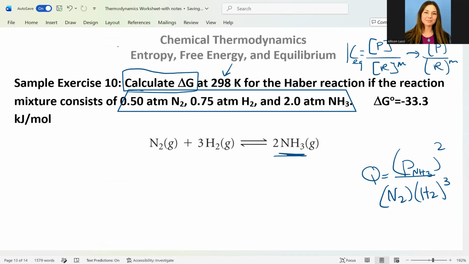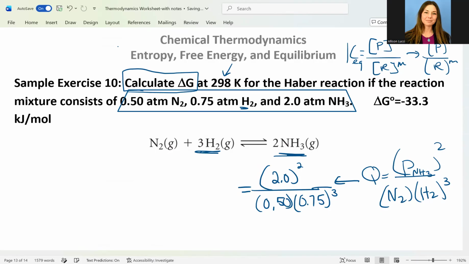So let's plug in some of these values to solve for our Q. We'll have on top 2.0 squared, and on the bottom 0.5 for my nitrogen, which isn't raised to any power besides 1, and then 0.75 cubed for my H2 because there's a 3 coefficient. We plug all this in and solve, and we should get 18.96.